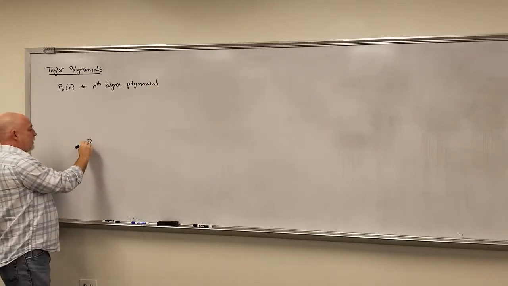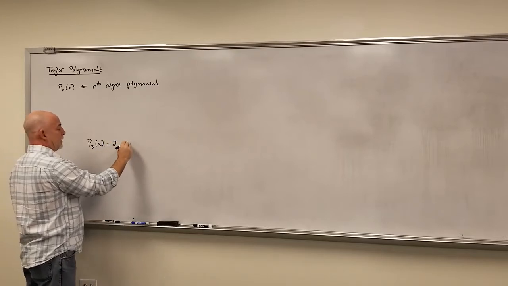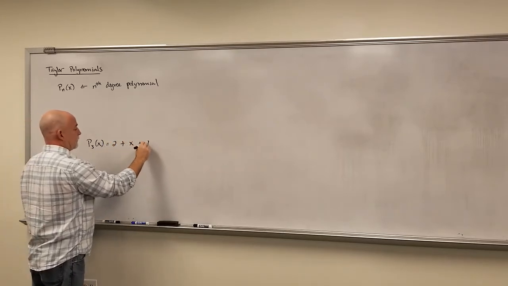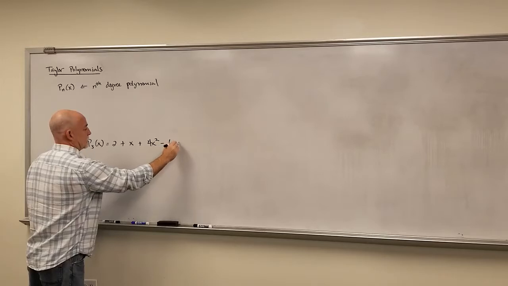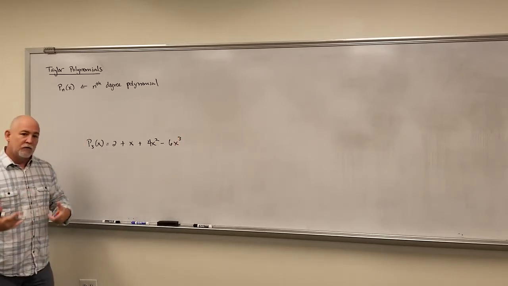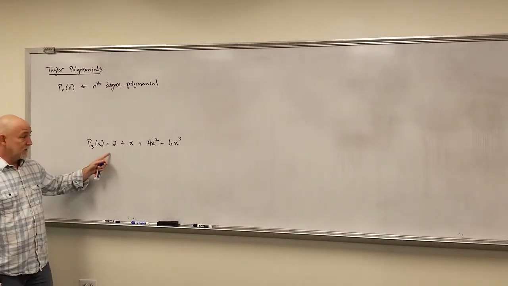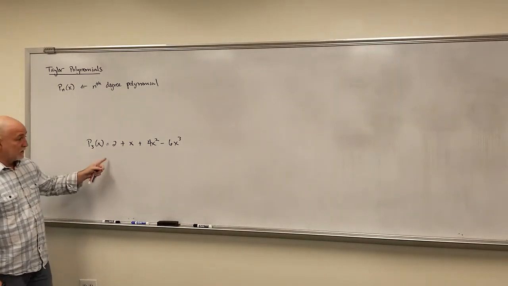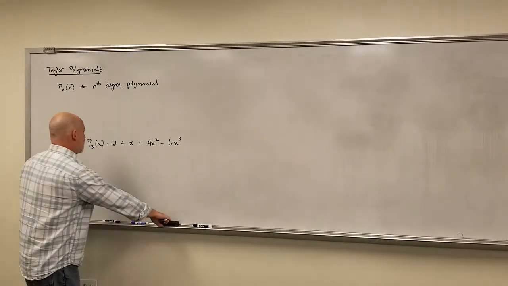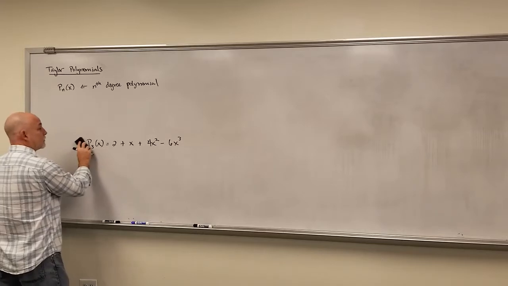So P3 of x will be some polynomial, I'm just making something up, x plus 4x squared minus 6x cubed, right? This is a third degree polynomial. Now, notice this is one of the few times when we do the polynomial order backwards. It's actually in ascending order. We normally do descending, but these are always going to be ascending. So that's all P3 means. It means it's a polynomial whose degree is going to be 3.